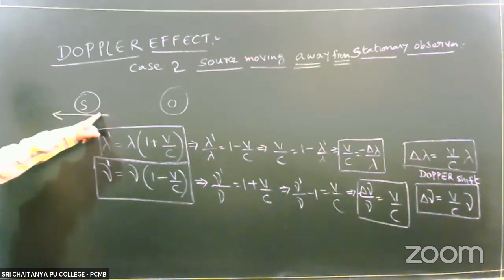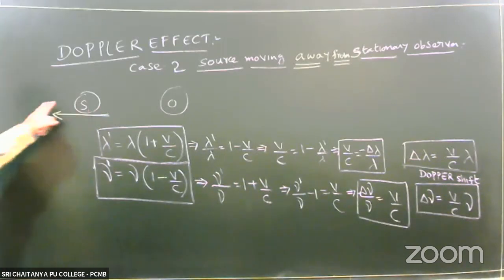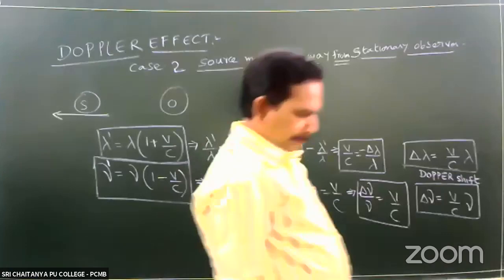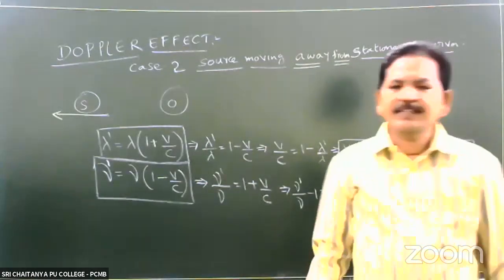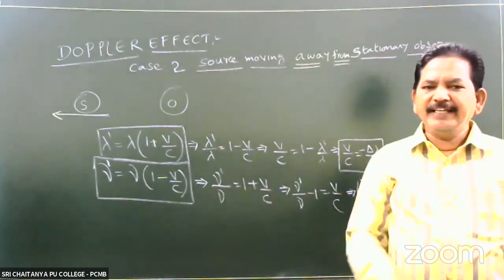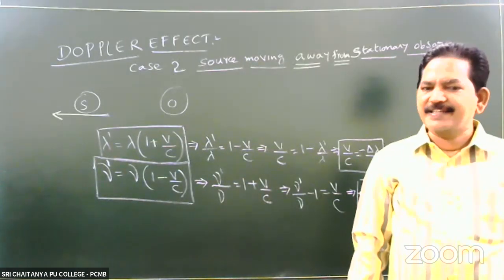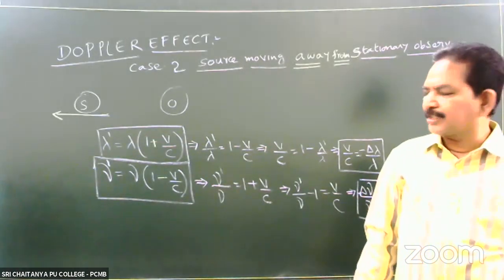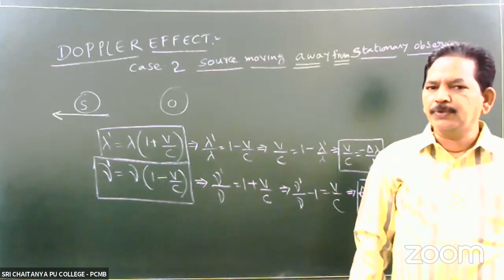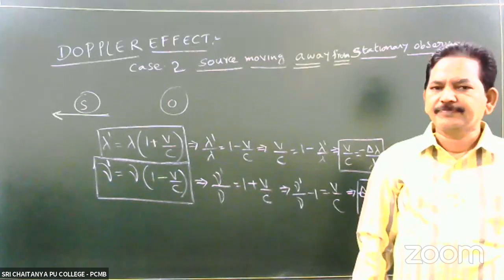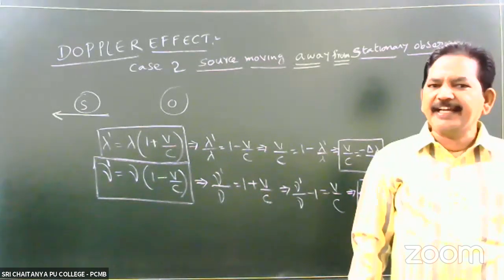If the source is moving away from the stationary observer, the distance between the source and observer increases. So wavelength increases. So lambda dash is equal to lambda into 1 plus V by C. Frequency decreases.